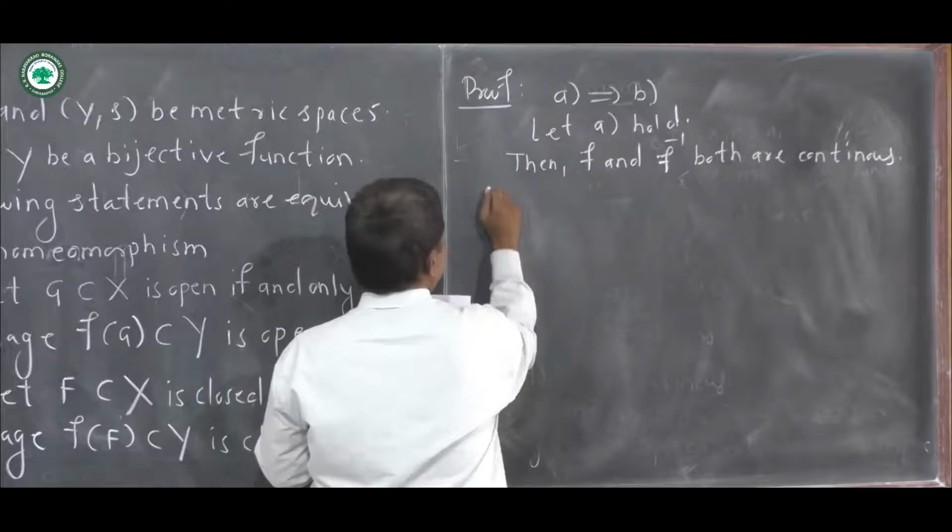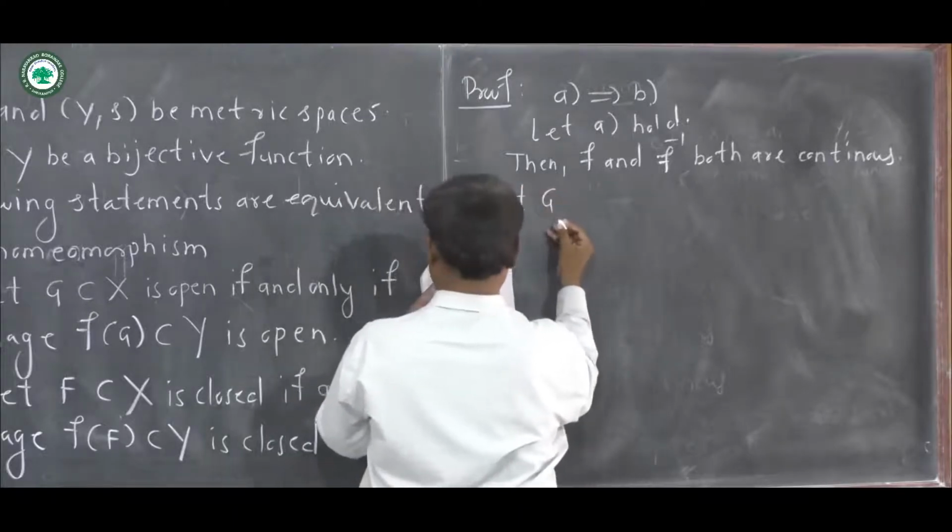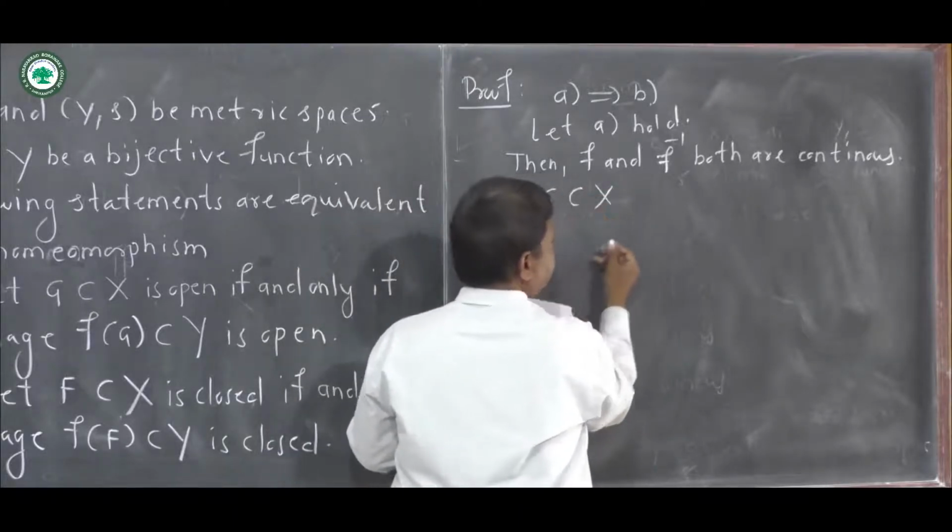Now we take this set G. So let G, which is a subset of X, be open.